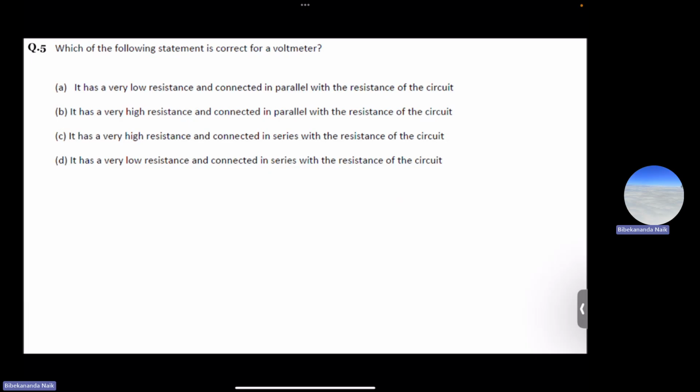Option C, it has a very high resistance and is connected in series with the resistance of the circuit. And option D, it has a very low resistance and is connected in series with the resistance of the circuit. So we know how we convert a galvanometer into a voltmeter. Now the question says, which statement is correct for the voltmeter? I'll give you a few minutes to think about this, then we will discuss.